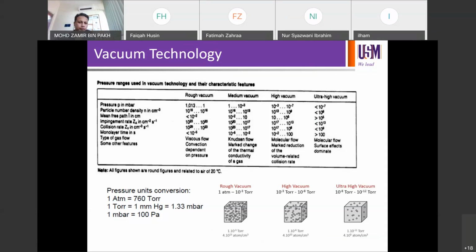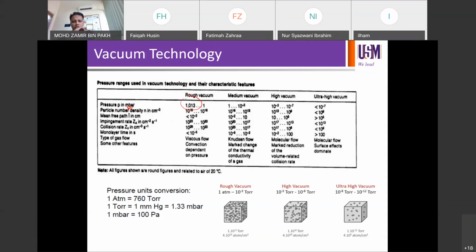So talking about vacuum, it can be at a rough vacuum level. If you're talking about millibar here, in the table, that's about 1,000 millibar, more or less, in rough vacuum.